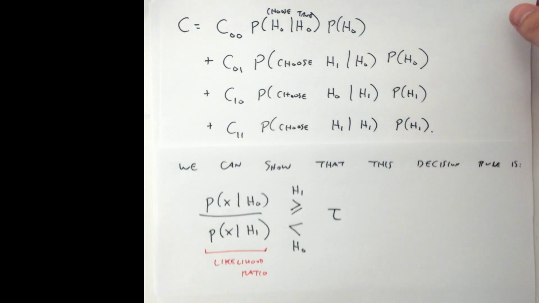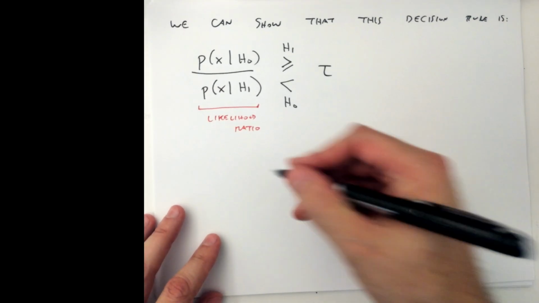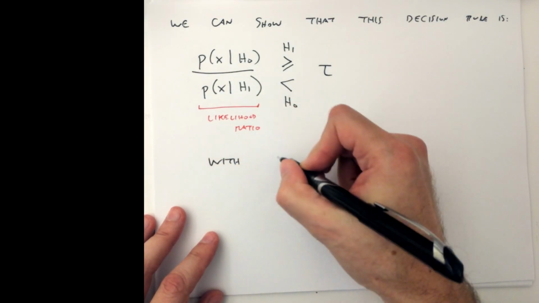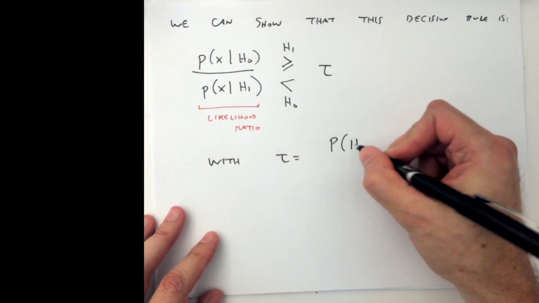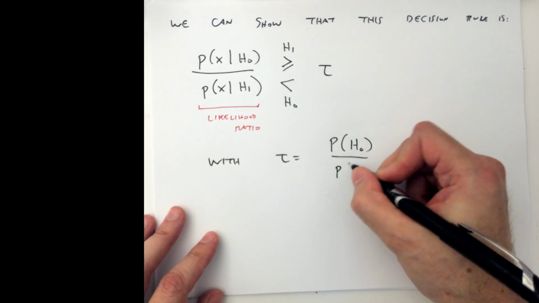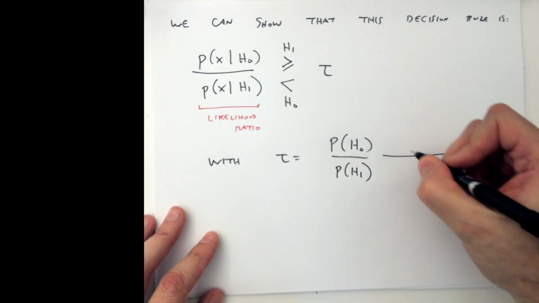And that number has the priors inside of it, and it has the costs inside of it.